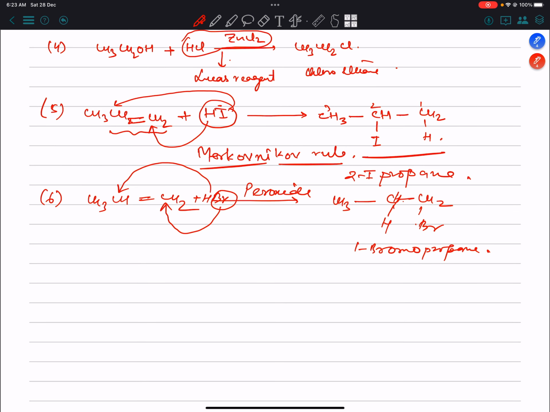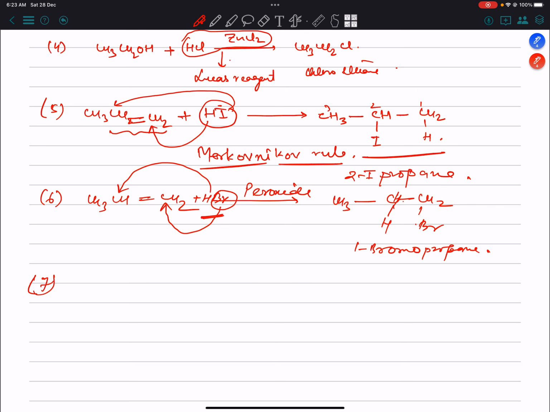Here you must note that addition of hydrogen halide in presence of peroxide only takes place with hydrogen bromide.